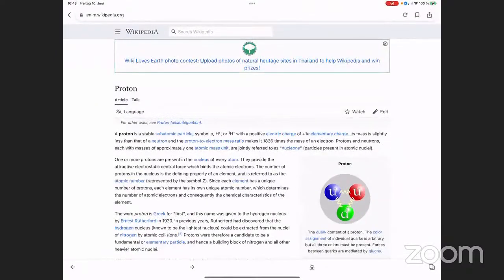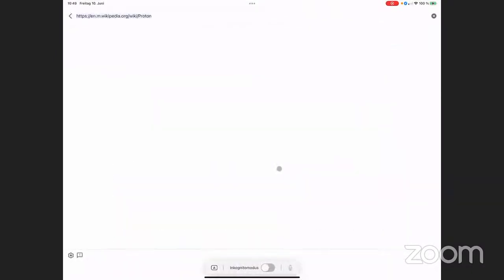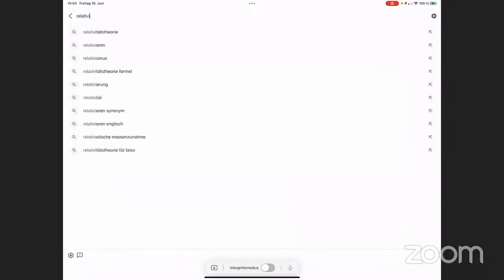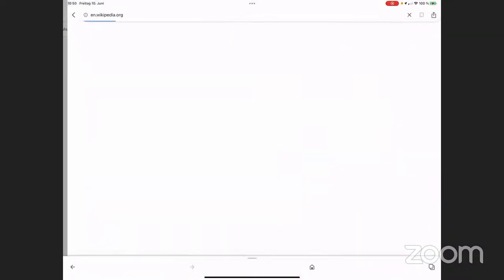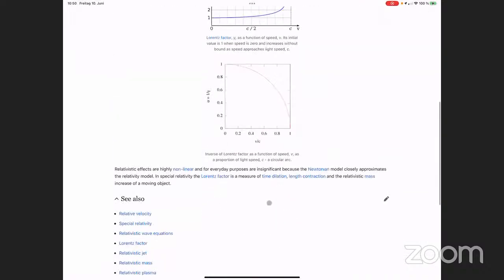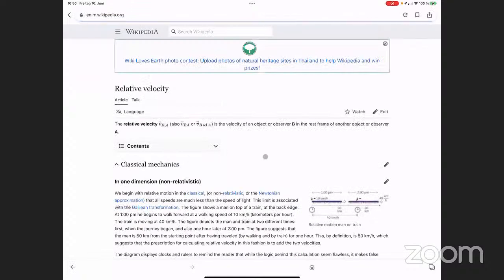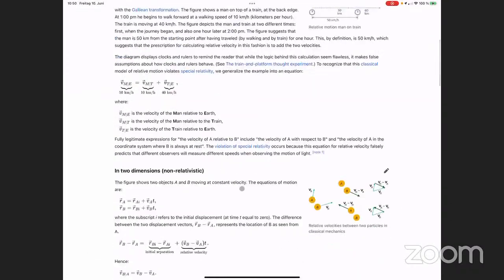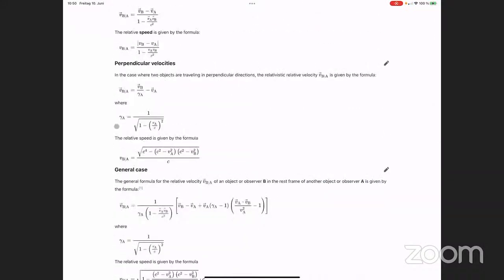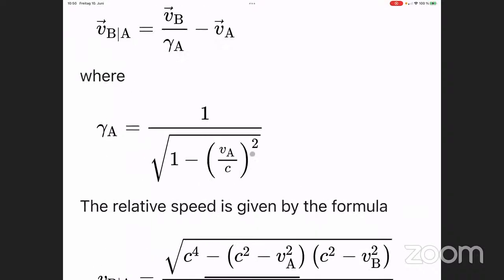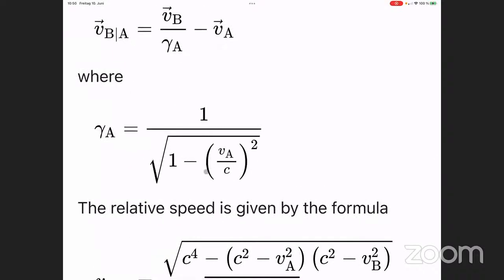What is that then? Okay, you have to use relativistic speed in this velocity. In this scenario, it depends on the observer, and it involves this factor, okay, the gamma. Okay, if your velocity is very close to c, okay, you can see it's divided by c. You have to use something like this.